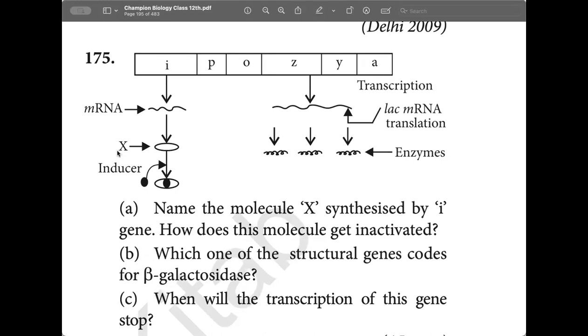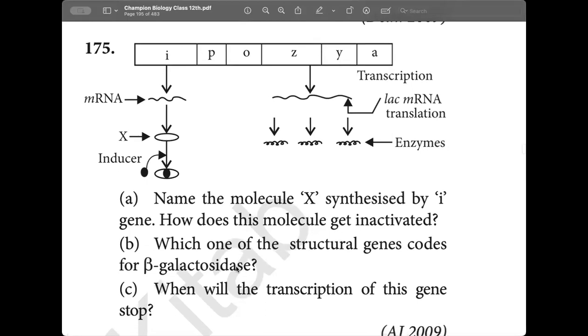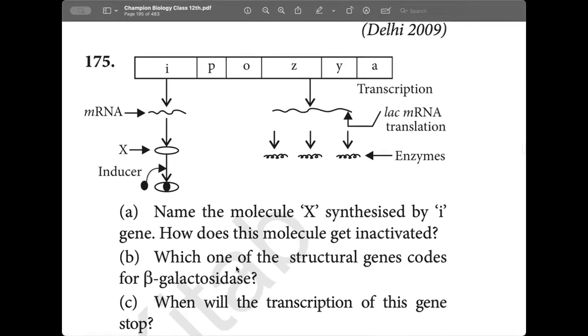You have to say that when lactose, which is the inducer, is no longer present in the surroundings, then it can no longer inactivate the repressor. Then the repressor will sit on the promoter and will not allow polymerase to sit, and transcription of this gene will stop. Make sense? Perfect. This is the kind of question they ask in the boards.